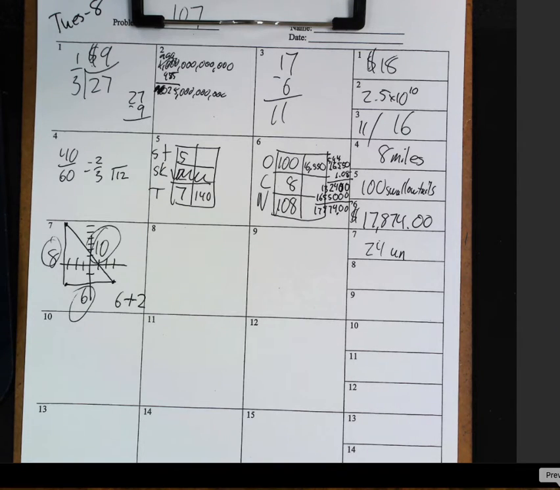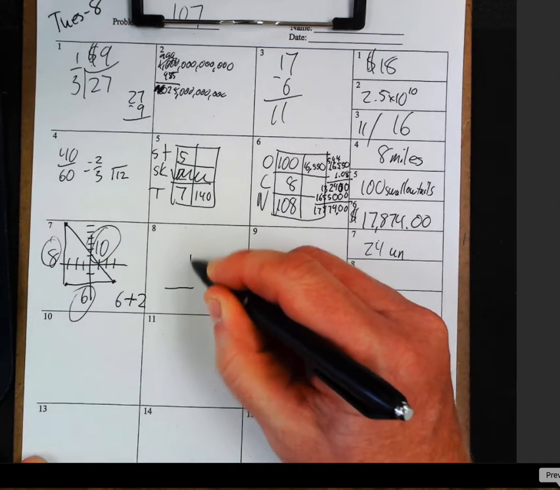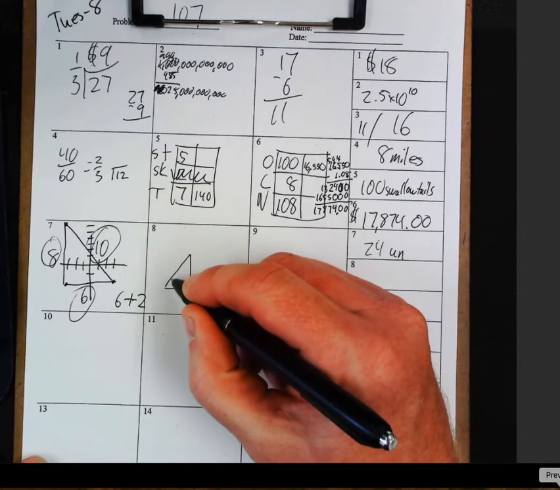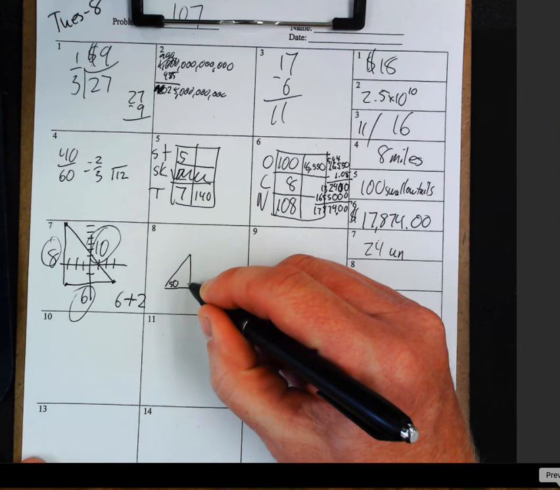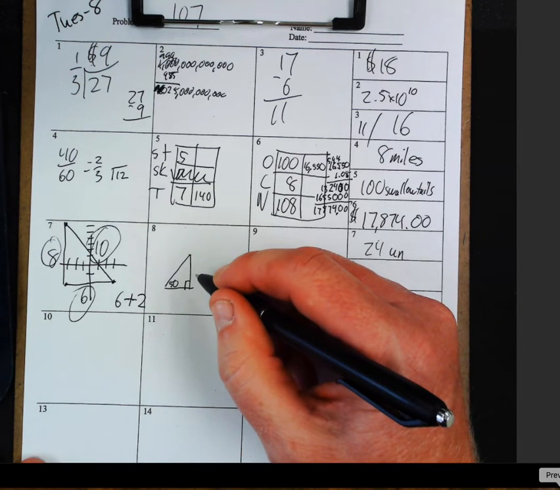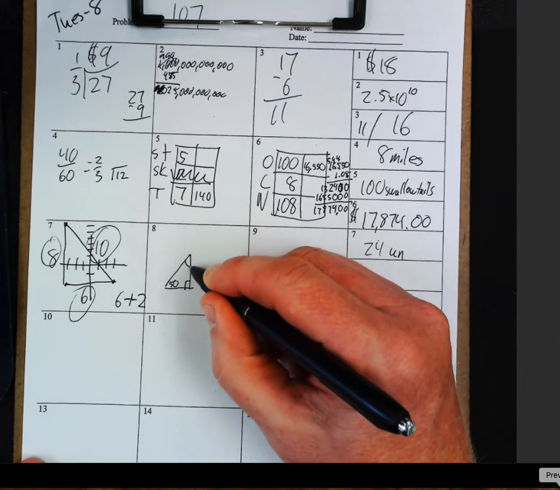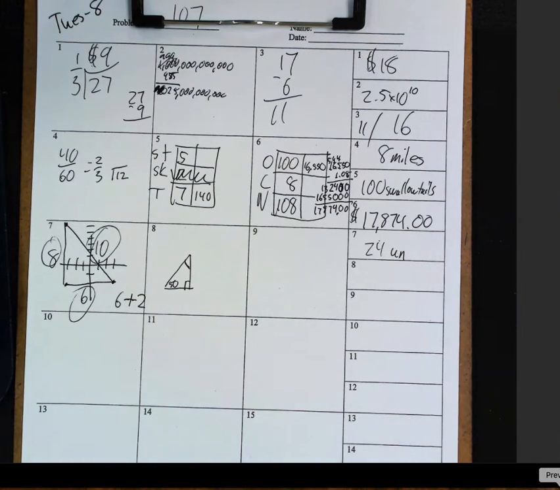Number 8. In the figure, ABC is a right angle. My job is to find everything else. So I got a right triangle here, and they told me this is 50, and they told me this is 90. So the first angle they want, guys, is this guy up here. How do I find it?